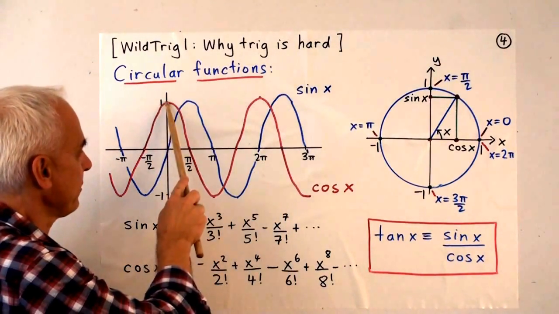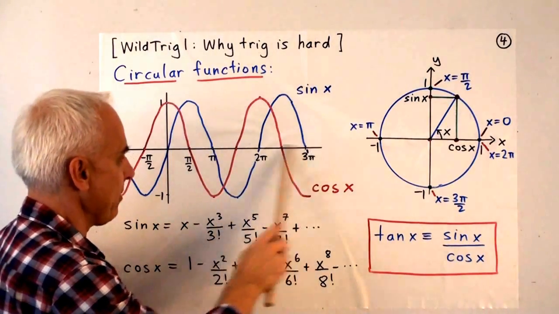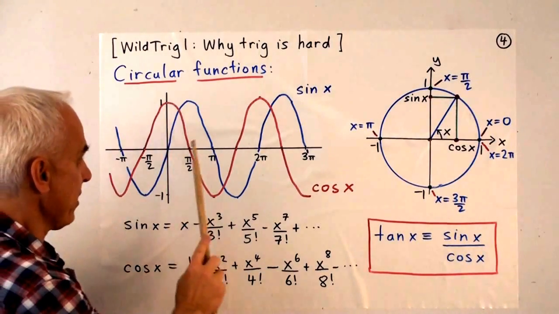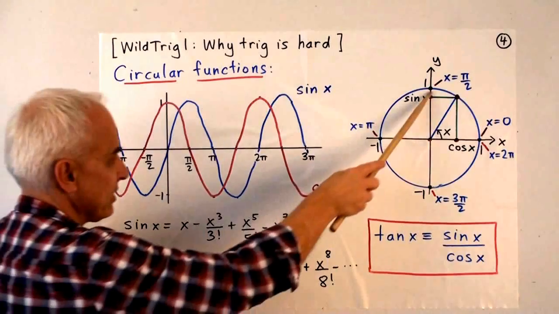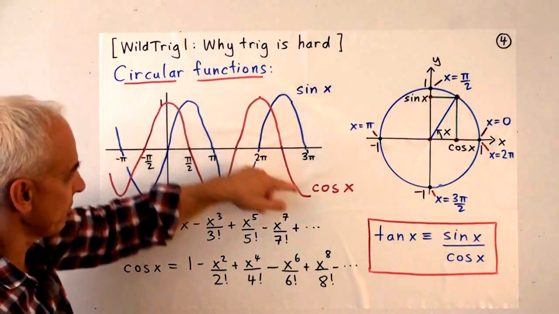Here's its graph. Now it's a function of x. And now I actually am labeling x here. X is 0. We have a value at 1. X is pi by 2. The value is 0. When x is pi, then the value is minus 1, and it oscillates back and forth.